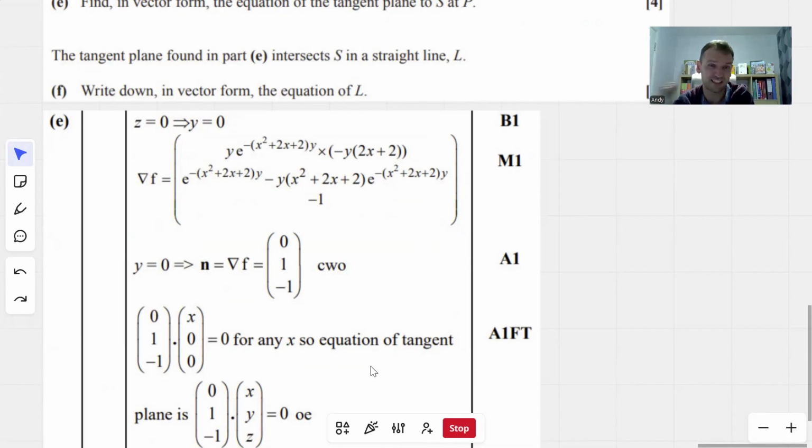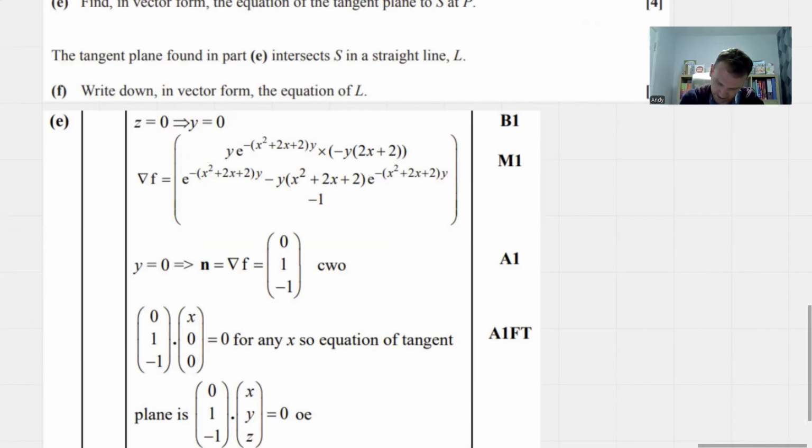Remember that grad of f is the normal to your tangent plane. If you wanted to write your plane in Cartesian form, you'd have 0x plus y subtract z equals a constant. But subbing in y equals 0, z equals 0, you just get y subtract z equals 0.